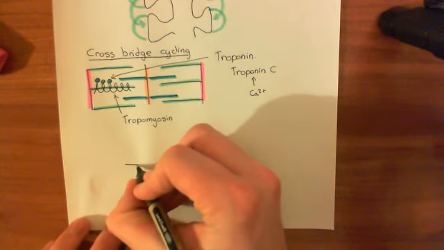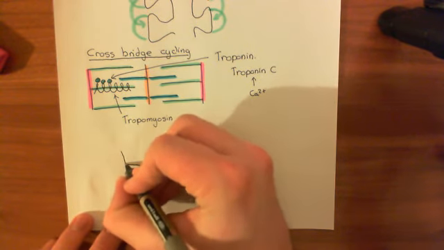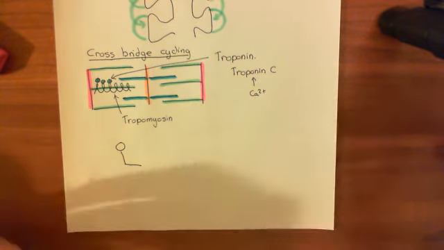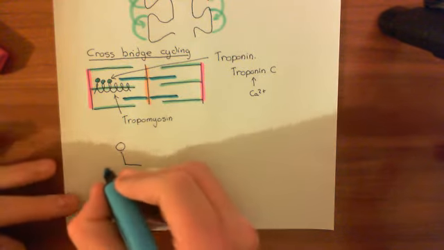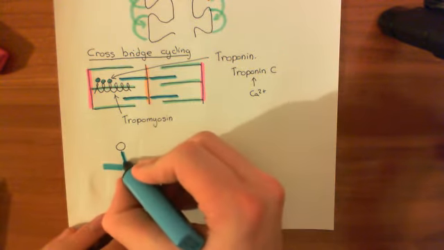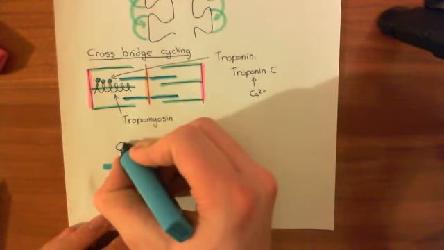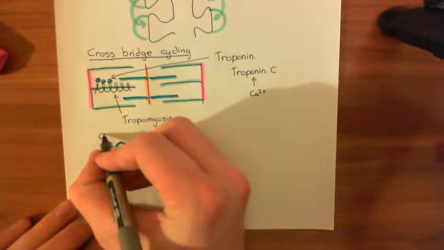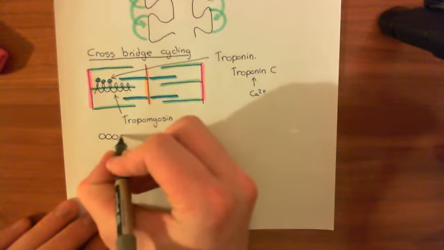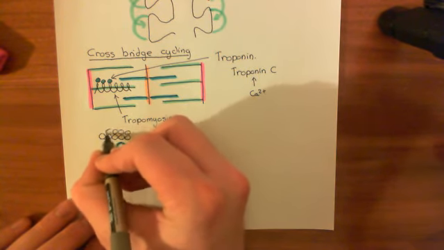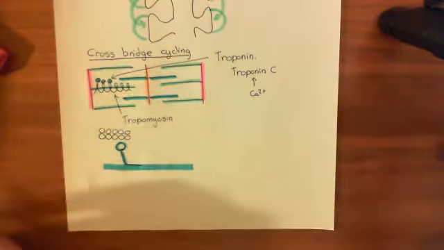This is an interaction between the heads of the myosin filament. Here is the myosin filament, and this is a single myosin protein sticking out from the myosin filament. Here is our actin filament, made up of many actin monomers, which should be coloured in green.